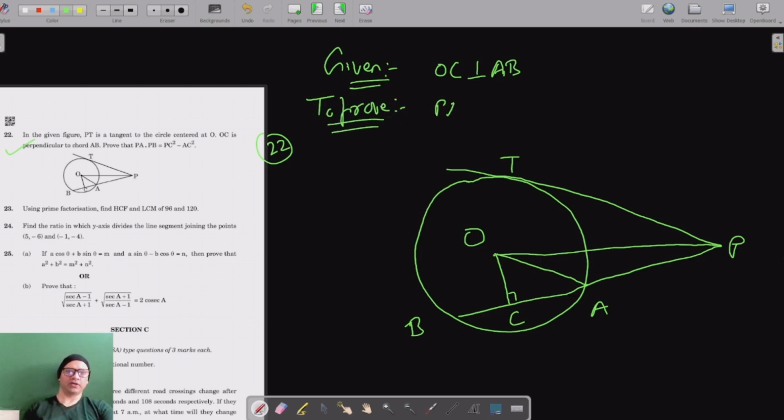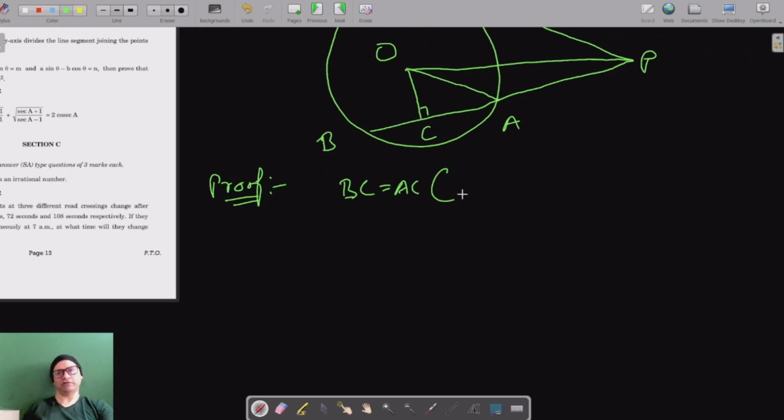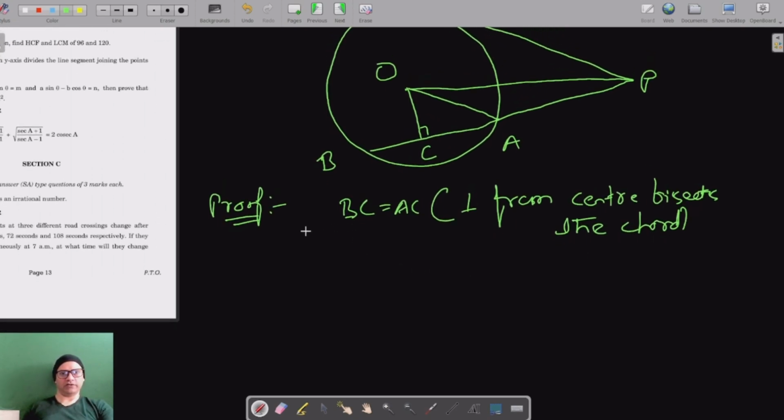So we have to prove PA into PB is equal to BC square minus AC square. And so let's get started. First of all, this BC is equal to AC because a perpendicular from the center bisects the chord.